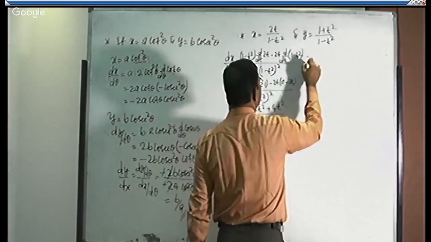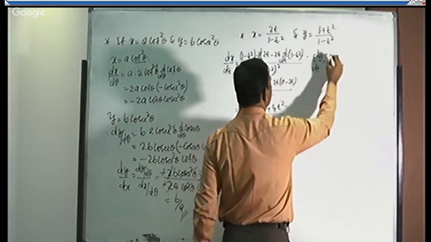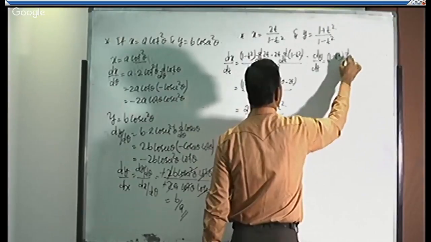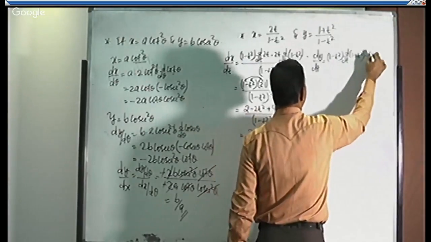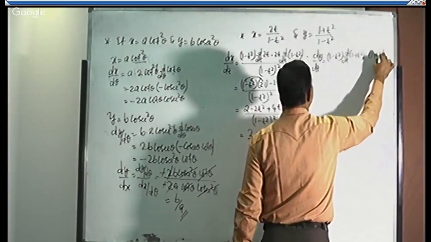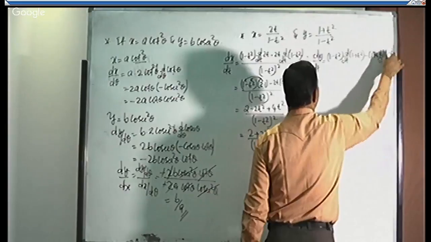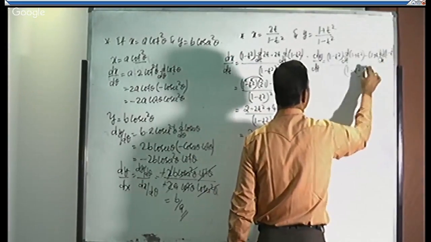Similarly, get dy by dt. dy by dt is 1 minus t square into d by dt of 1 plus t square, minus 1 plus t square into d by dt of 1 minus t square, all divided by 1 minus t square whole square.